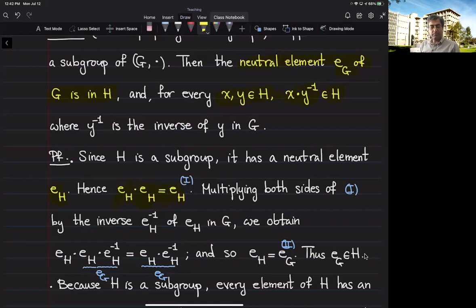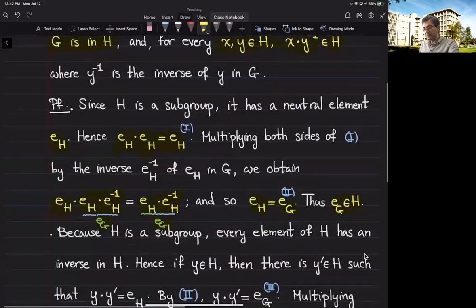So when I multiply from the right, again using associativity, I notice that this product is the neutral element of the group G, and this product is the neutral element of the group G, but the neutral element times E sub G doesn't change it, and E sub H doesn't change it, so I get that E sub H is equal to E sub G. And therefore, E sub G belongs to the subgroup H. So every subgroup contains the neutral element of the group G.